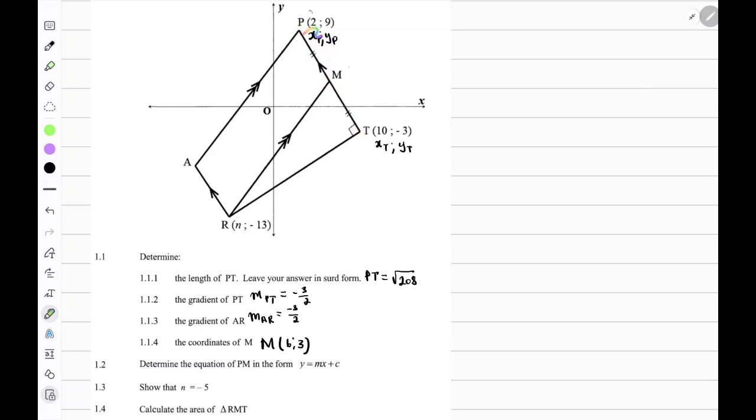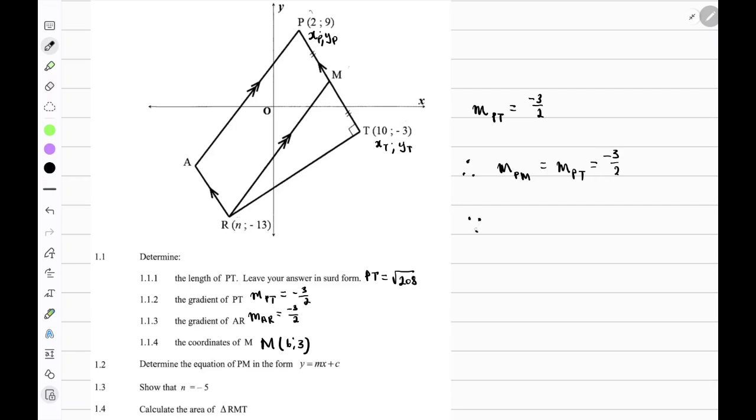So it means that PM and PT will share the same gradient. We've got the gradient of PT, which we've established to be negative 3 over 2. Therefore, the gradient of PM is equal to the gradient of PT, which is equal to negative 3 over 2.